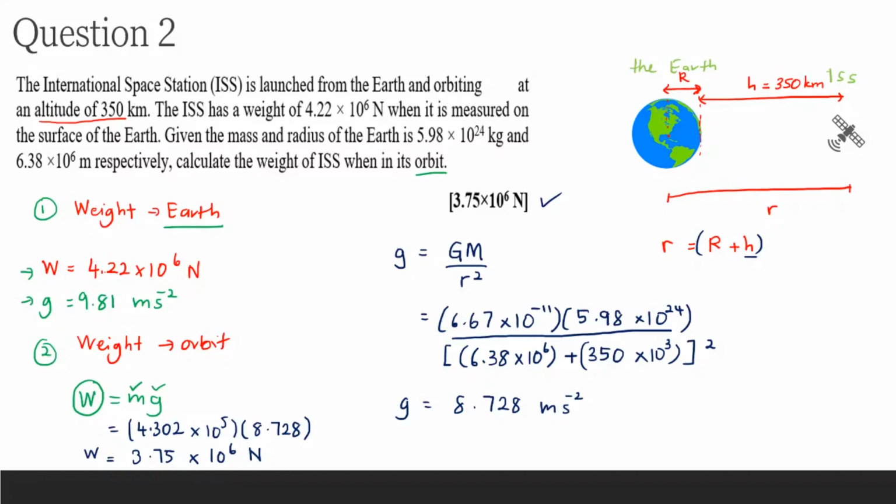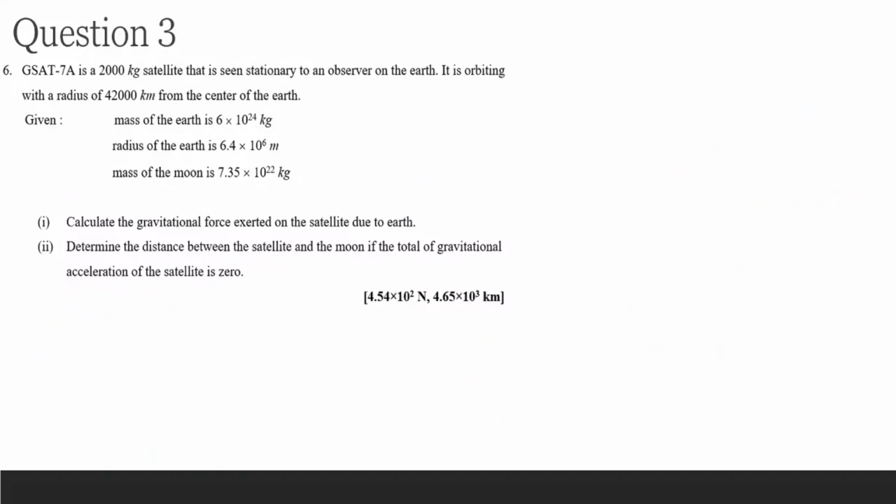Question 3. For question 3, GSAT 7A is a 2,000 kilogram satellite that is seen stationary to an observer on the Earth. It's orbiting with a radius of 42,000 kilometers from the center of the Earth.